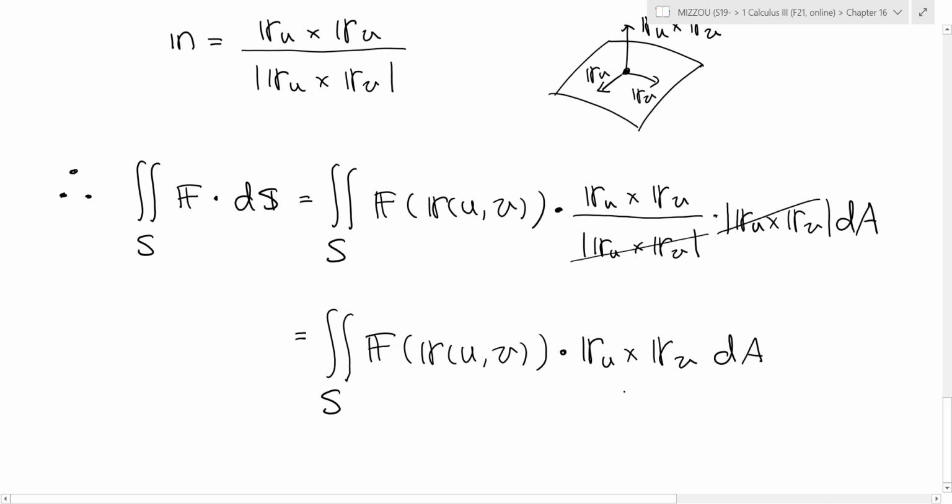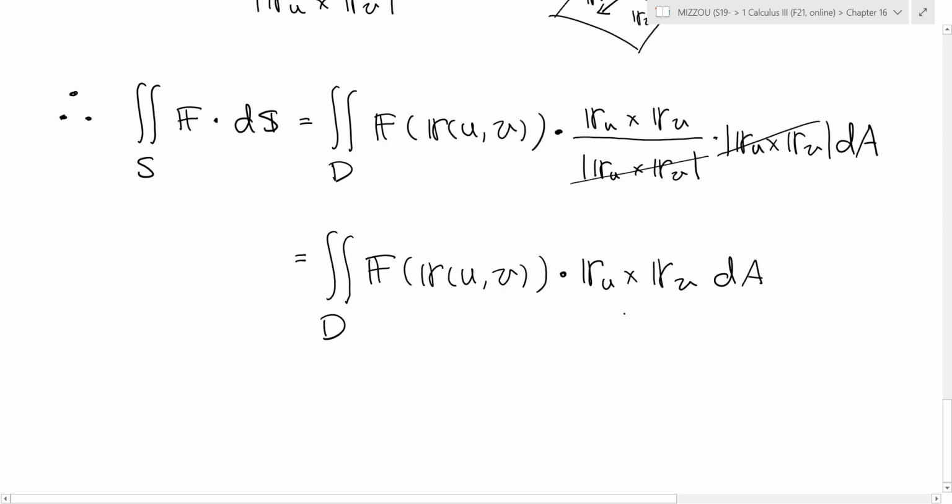And then you just double integrate over, actually not S, sorry, this is D. Let me just emphasize what this is.